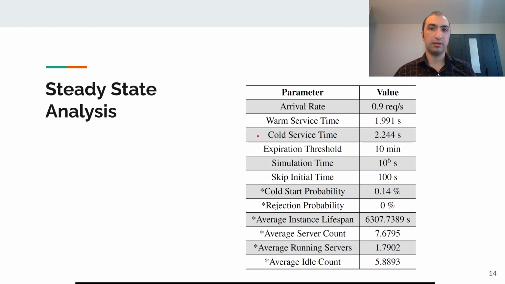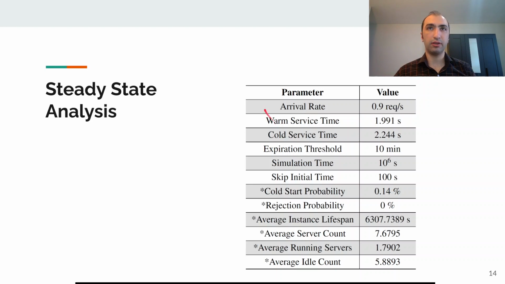This is for simulating a typical workload on serverless platforms, which means a Markovian arrival rate and a Markovian service time. Although this is the process that we're simulating by default, all of these functionalities can be extended by the user and the developer that is using the system.